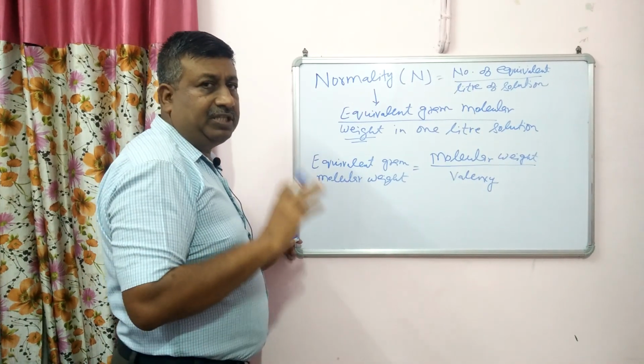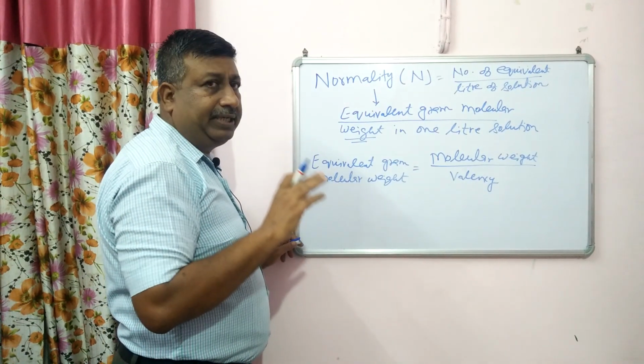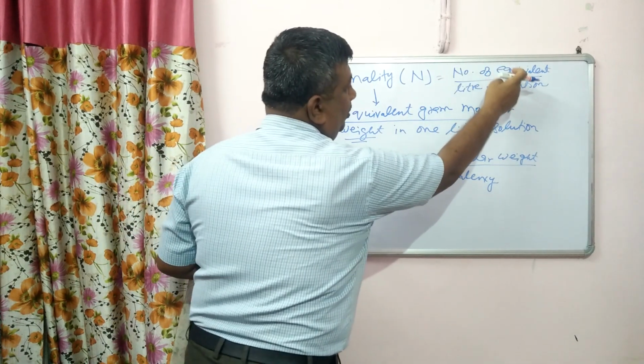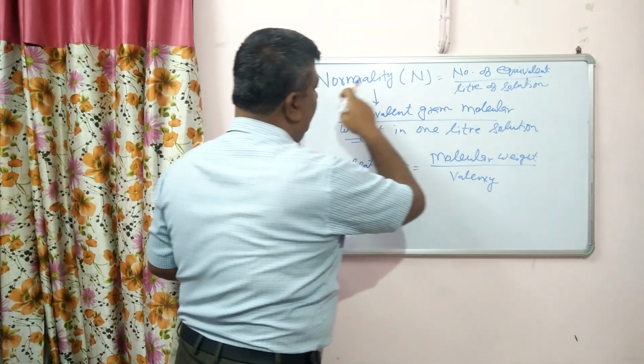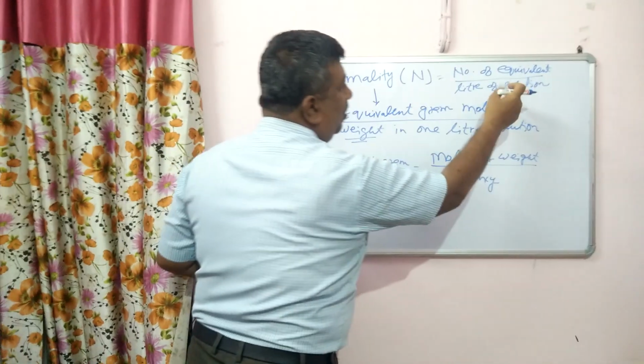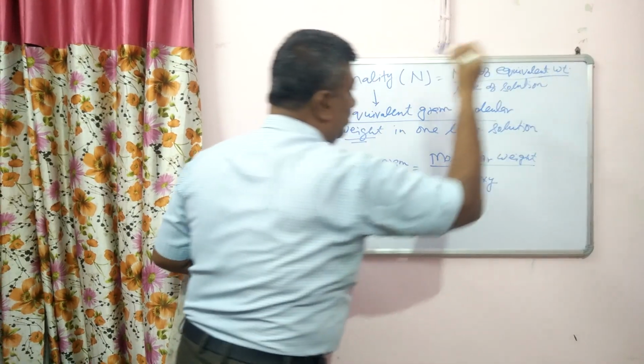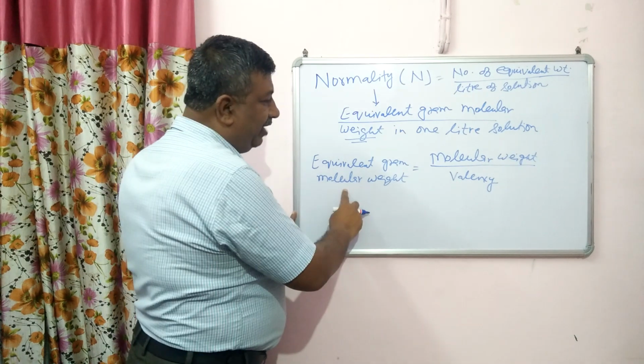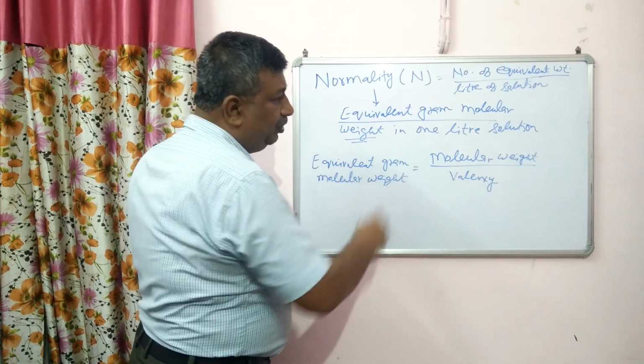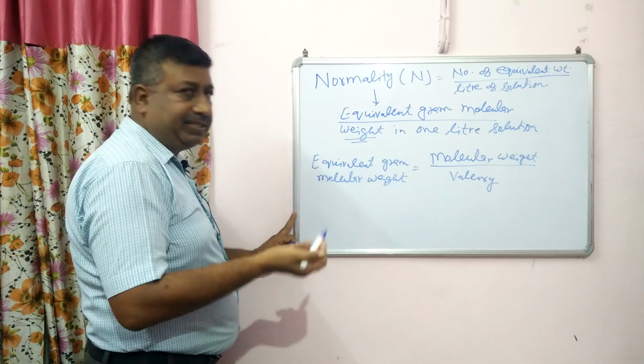So this is the difference between normality and molarity. Molarity tells number of moles per liter of solution, while normality tells number of equivalent weight per liter of solution, and equivalent weight is equal to molecular weight divided by valency.